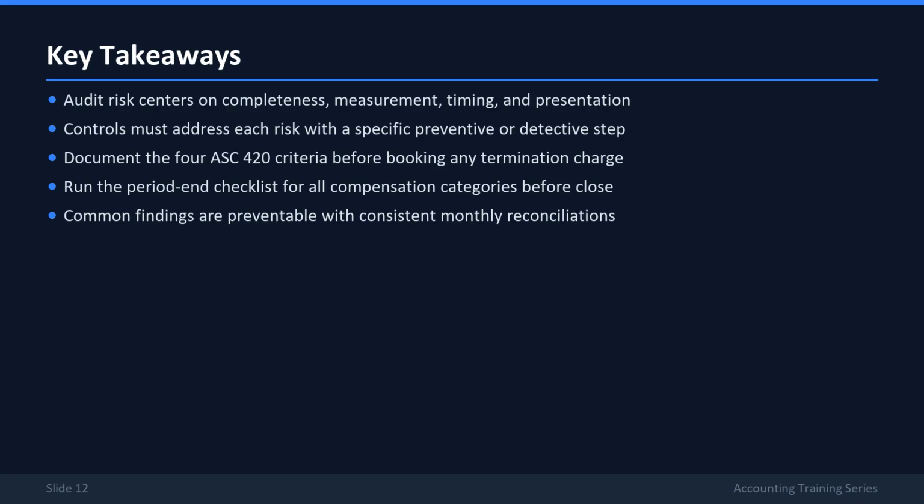The period-end compliance checklist should be run for all compensation categories before close. And the most common audit findings, including understated vacation balances, netted rabbi trust presentation, and premature restructuring reserves, are all preventable with consistent controls and monthly reconciliations.